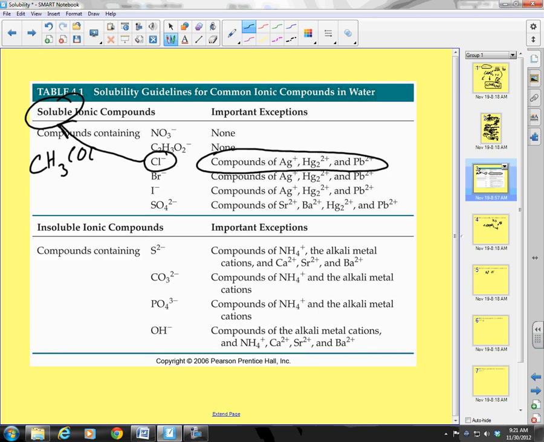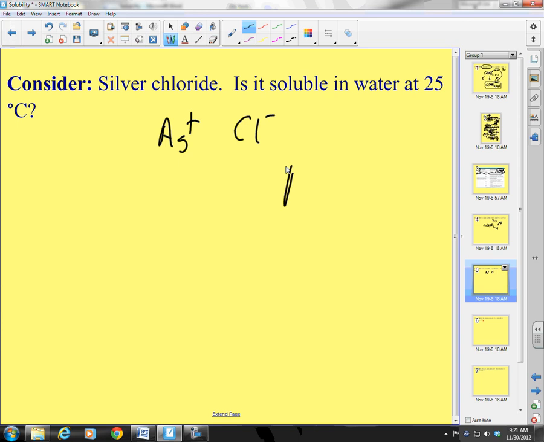Yes, there are exceptions. Silver is an exception. What does that mean? Well, if it's soluble, the exception means that it is insoluble. So silver chloride would not be soluble. It would be insoluble. And so my answer here is no.